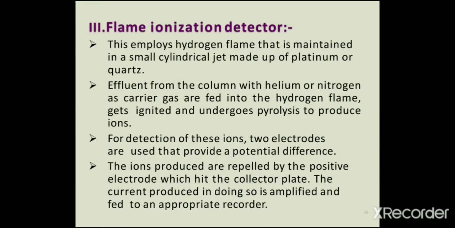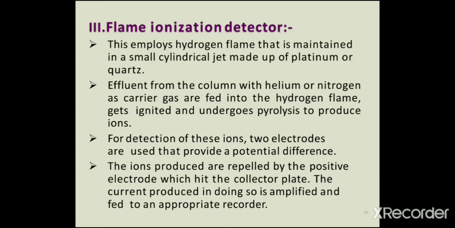Then the third type of detector is the flame ionization detector. This employs a hydrogen flame that is maintained in a small cylindrical jet made up of platinum or quartz.